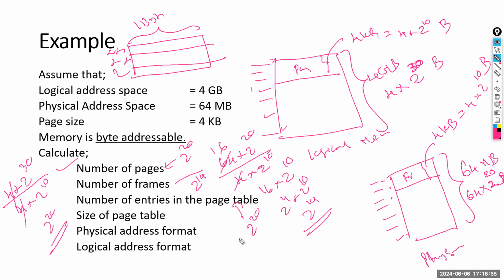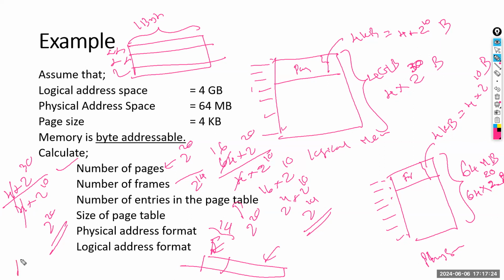Now you can calculate the physical address format. Remember, the physical address has 2 parts: frame number and offset. How many frames are there? 2 to the power 14. So your frame number must have 14 bits. That is the physical address.